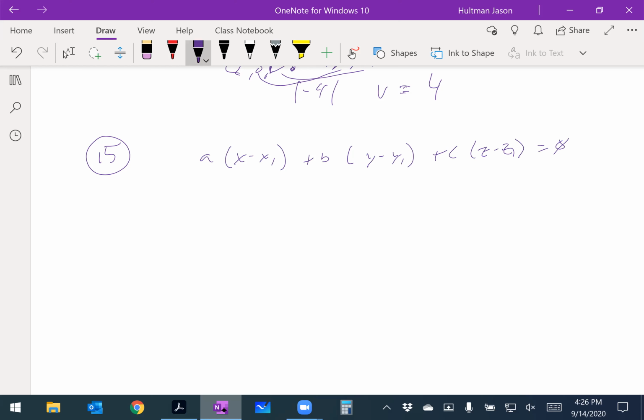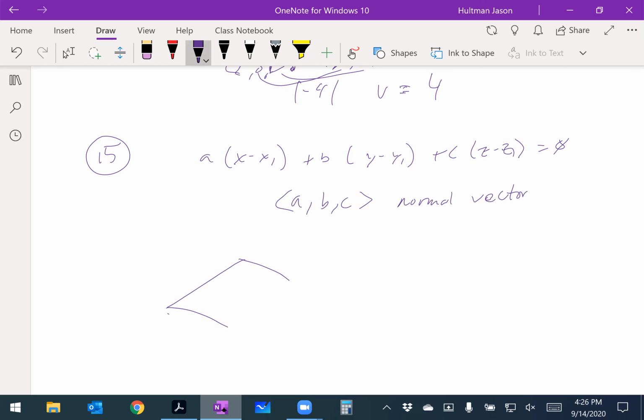Okay, so that's the definition of a plane. Does that make sense? Yeah, that does. Where A, B, and C are a vector orthogonal to the plane, my normal vector.